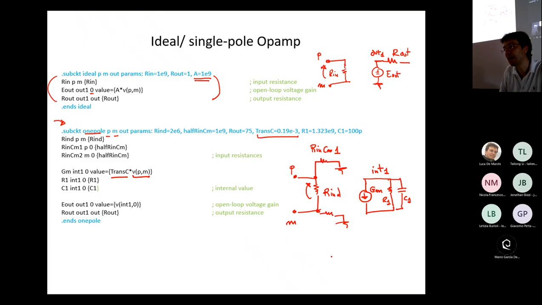Finally, we have an output stage which is realized with a voltage control voltage generator connected to the ground and to node output 1.